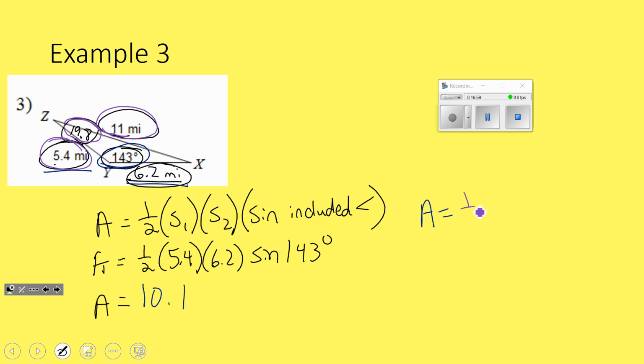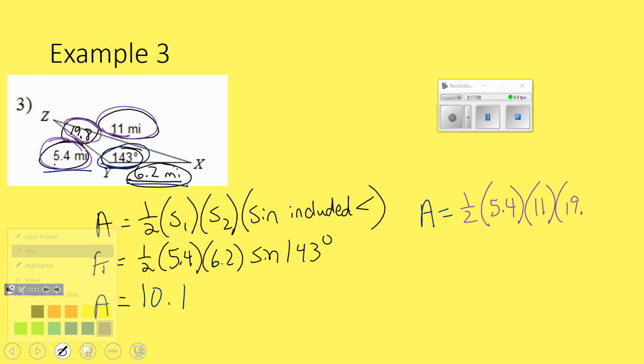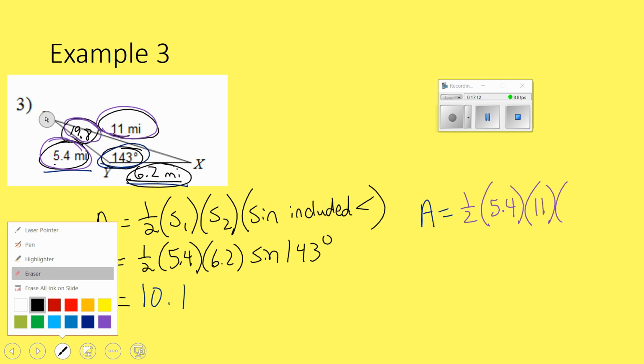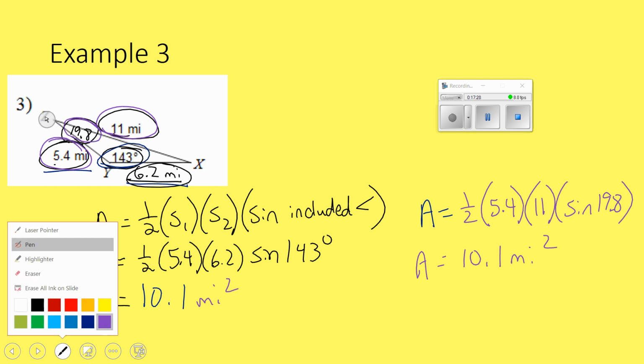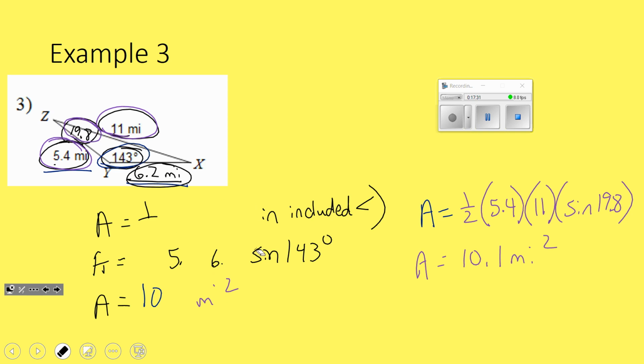And so they plugged in 1/2 times 5.4 times 11 times the sine of 19.8. And then we came out with 10.1. Okay, and this is going to be miles squared, by the way. Let me add this, miles squared. And then I had one group that graciously did Heron's formula for us.